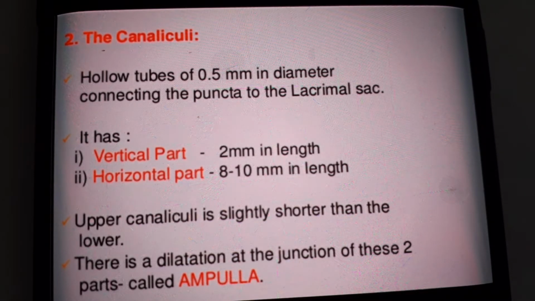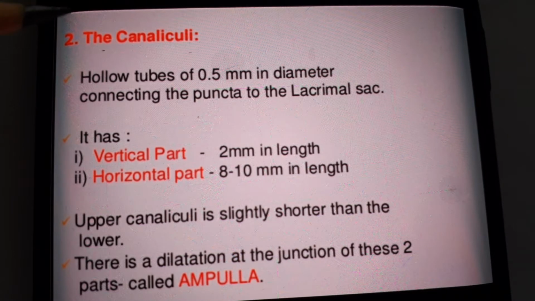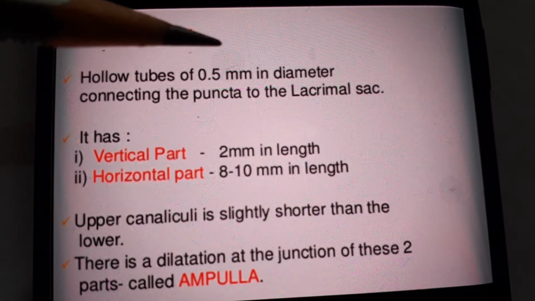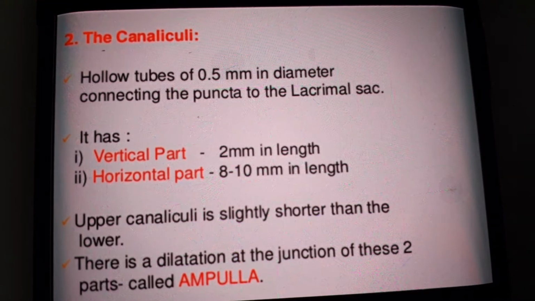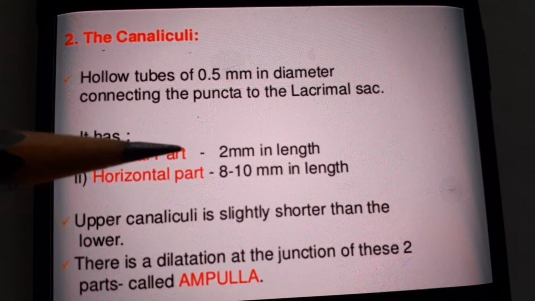The next components are the lacrimal puncta and the lacrimal canaliculi. Puncta we have seen in the previous picture. The lacrimal canaliculi are hollow tubes of 0.5 mm in diameter connecting the puncta to the lacrimal sac. It has two parts. In total it is around 10 mm.